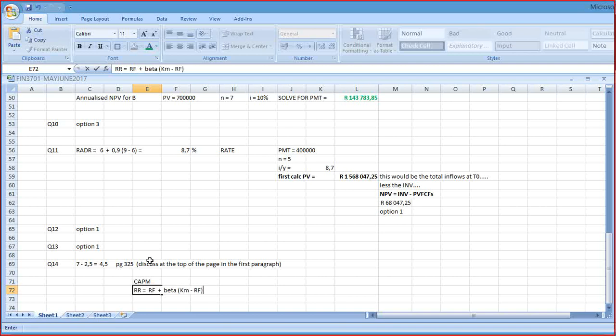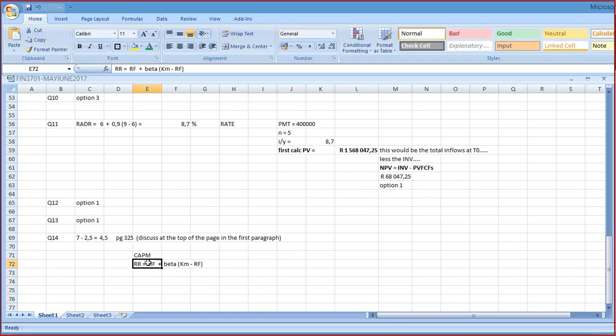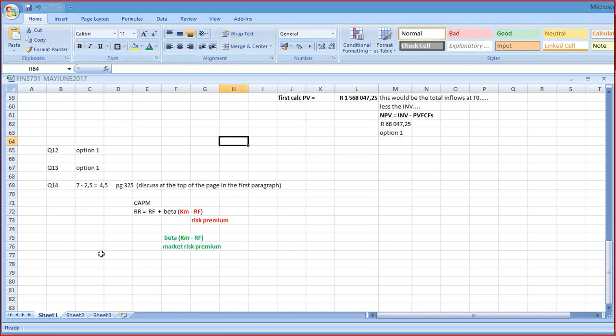This part is called the market risk premium. They're two different things.